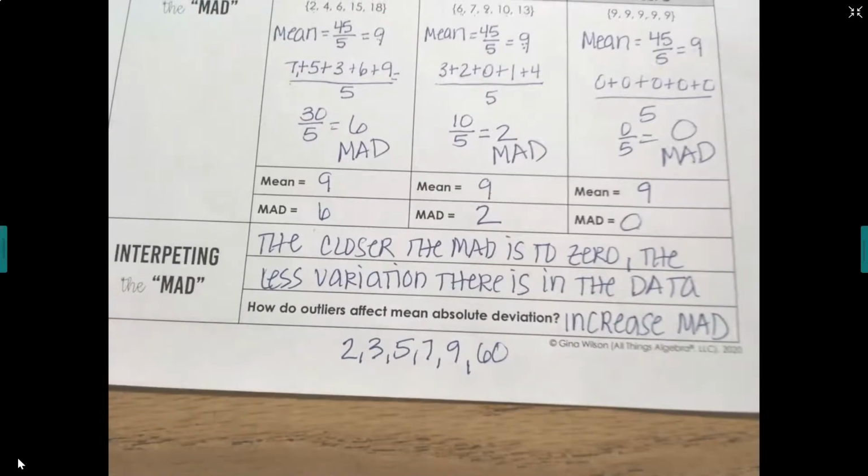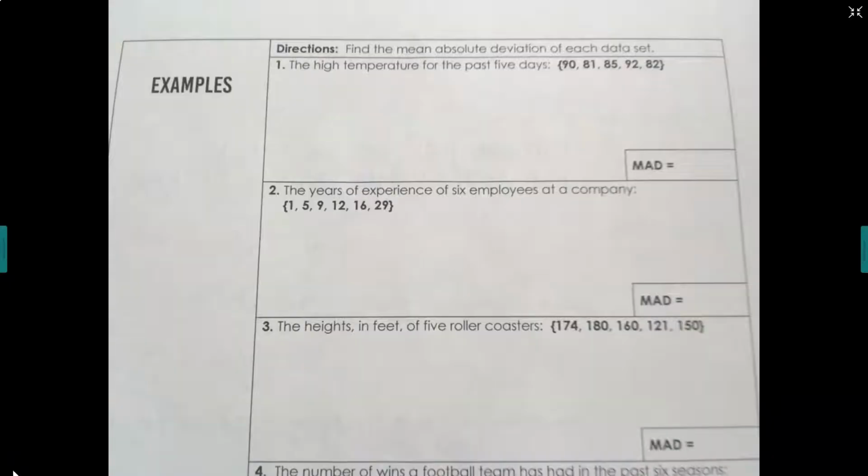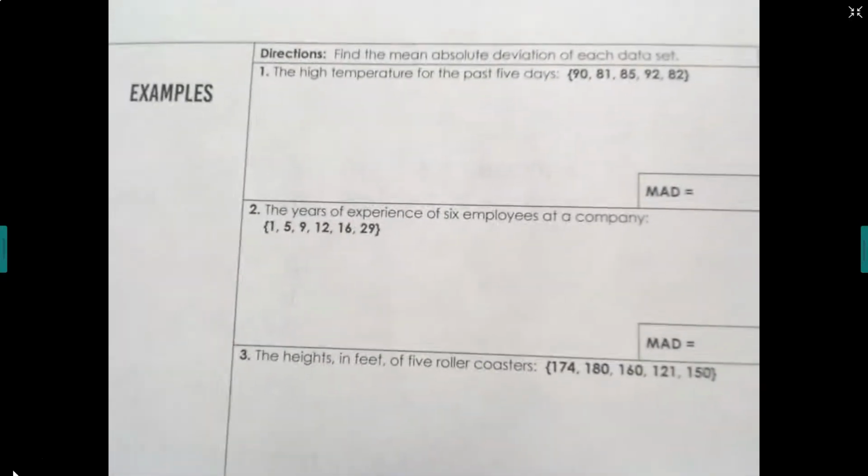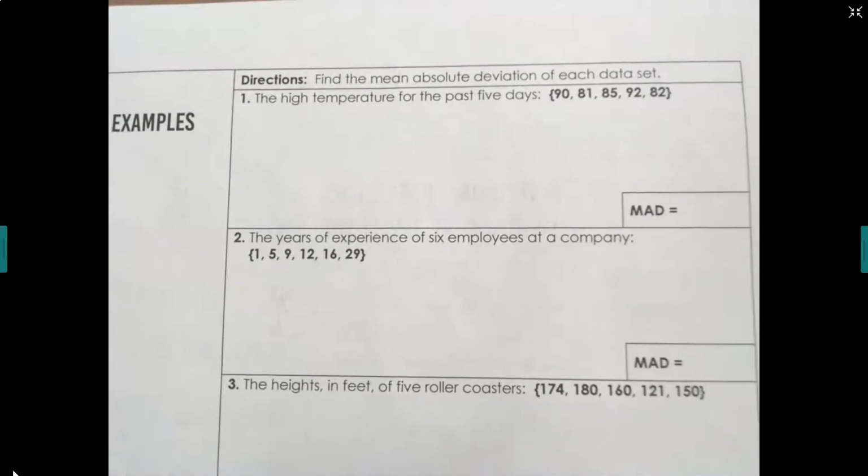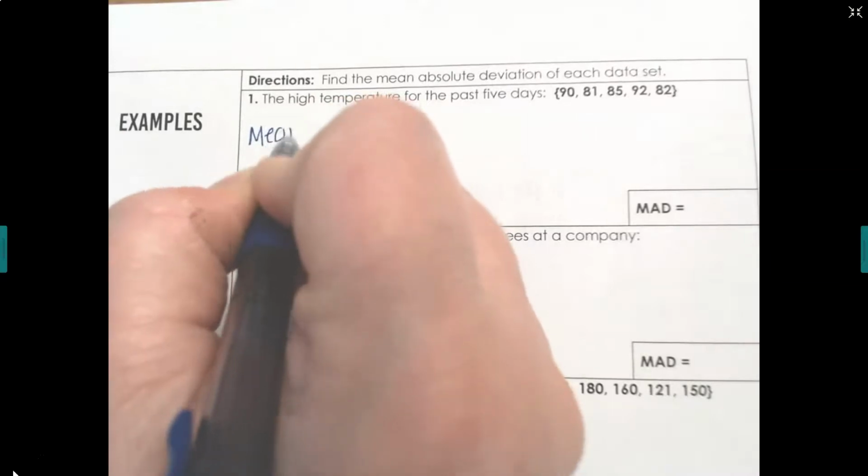Okay. All right, let's try some examples. We have a scenario here where we have the high temperatures for the past 5 days. So this must be in the summer because these are nice warm temperatures. First thing you want to do is find the mean because we have to see how far away everybody is from the mean.